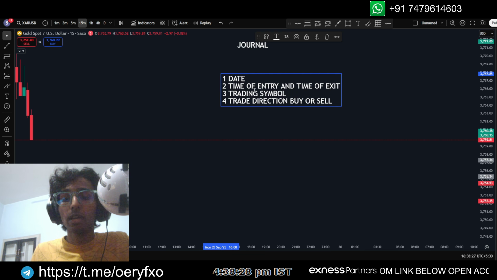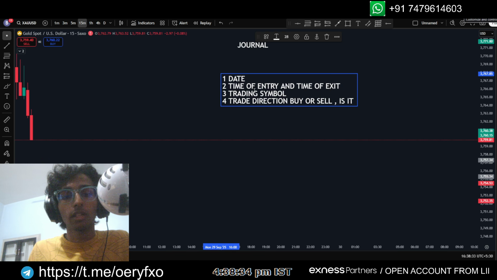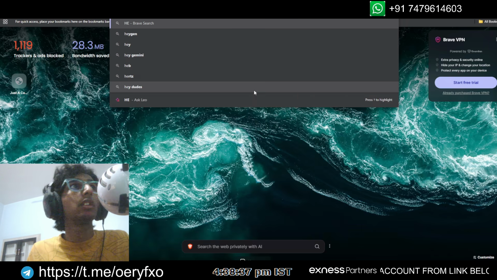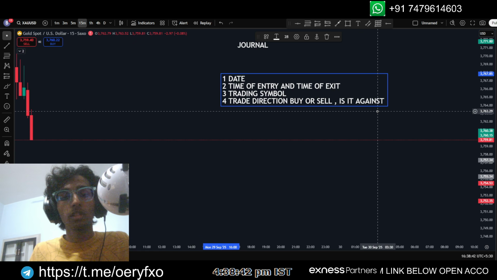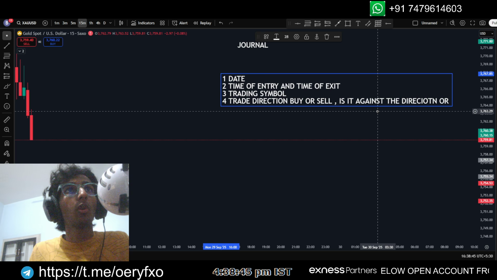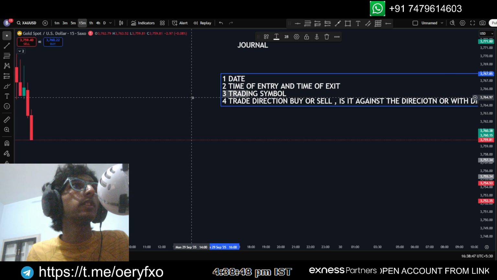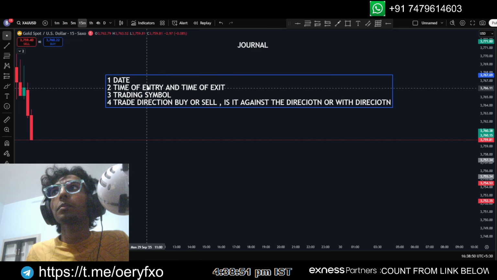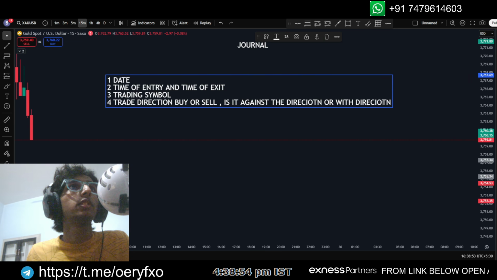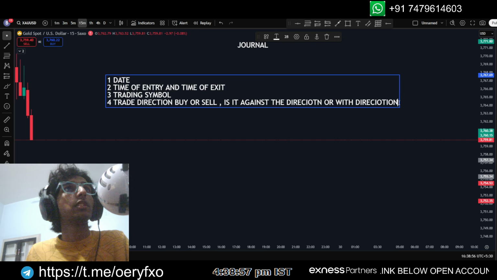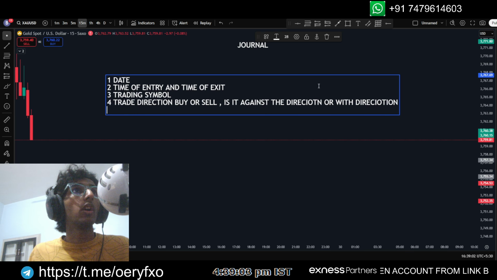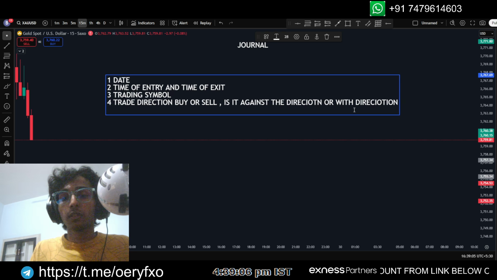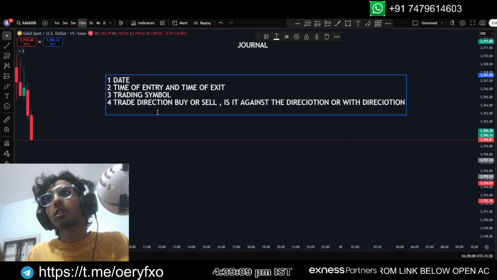That's a simple one, but we need to add one more thing: is it against the direction or with the direction? So you can see if most of the trades you take are against the direction or with the direction. So that can be added.